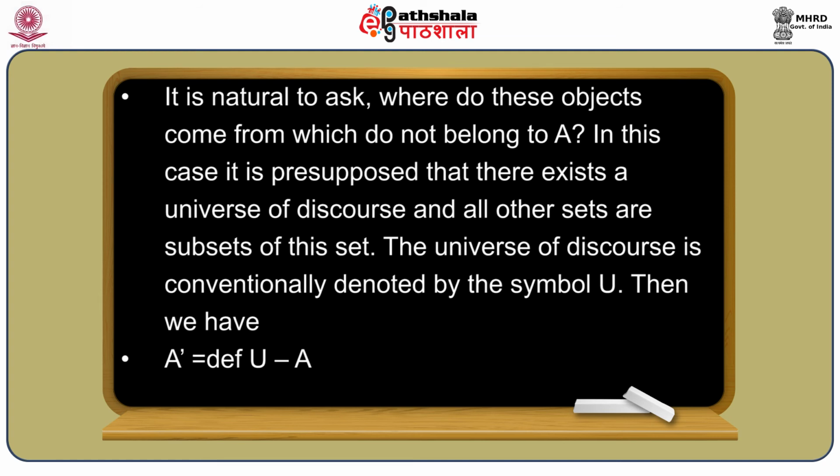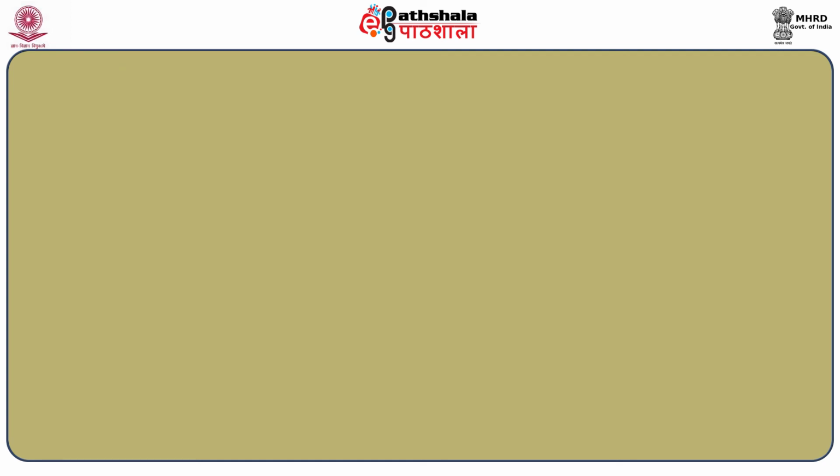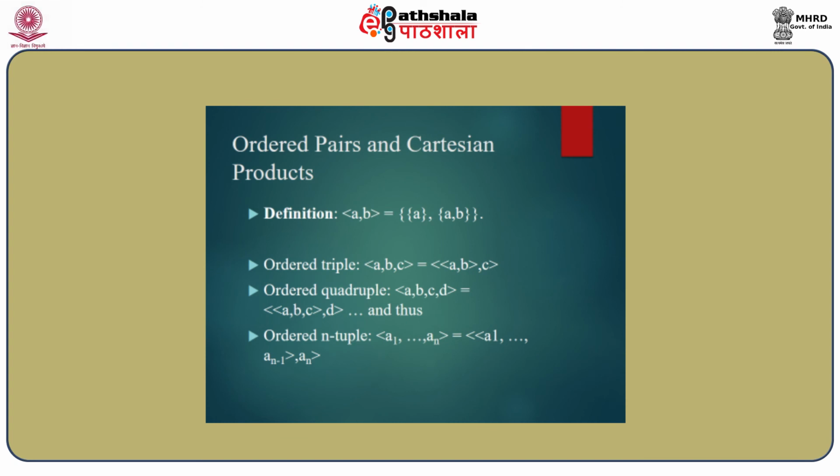In this case, it is presupposed that there exists a universe of discourse and all other sets are subsets of this set. The universe of discourse is conventionally denoted by the symbol U. We have A apostrophe, by definition, is U minus A.